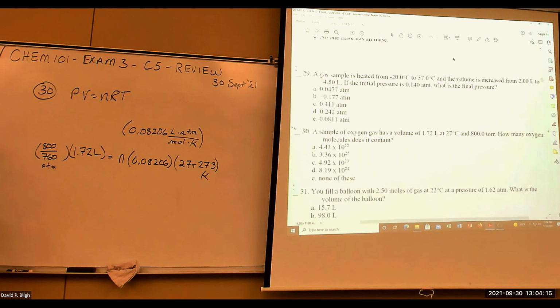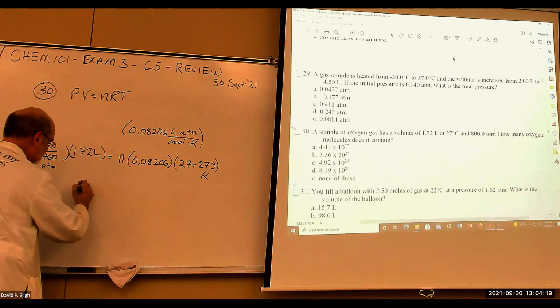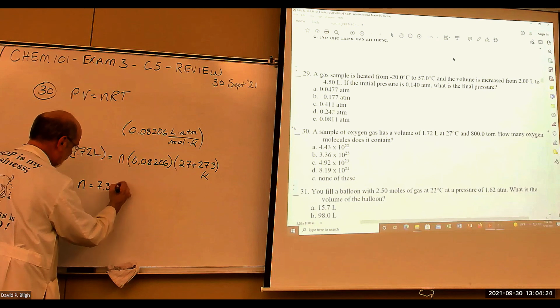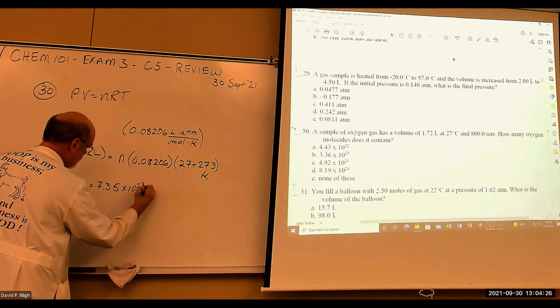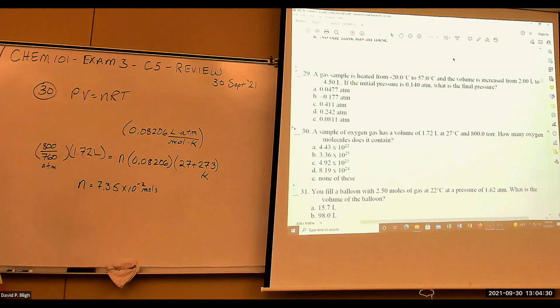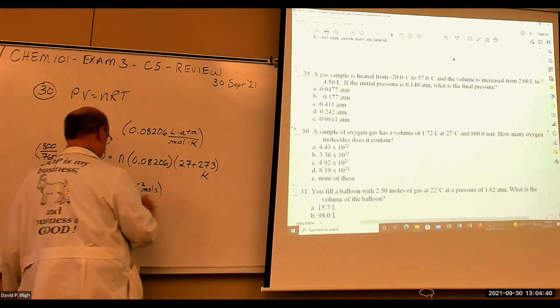And that's 7.35 times 10 to the minus 2 moles. So how do we find the number of molecules? How many oxygen molecules does it contain? We need a conversion factor, don't we?